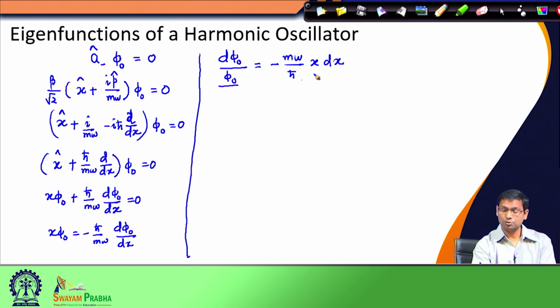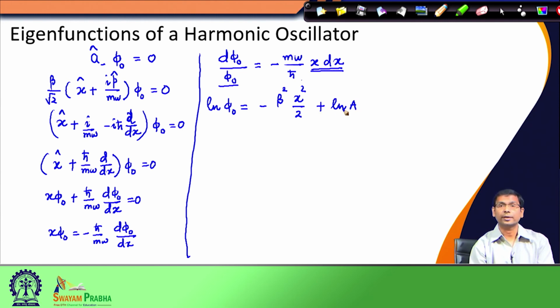You remember this m omega divided by h bar is a constant. So, I am going to integrate both sides, and I have already done this kind of integration a few times. The left hand side will give me ln phi 0, and this m omega divided by h bar was beta square, and the integration of x dx would give me x square divided by 2 plus a constant of integration. I am calling it ln a, where a is a constant.